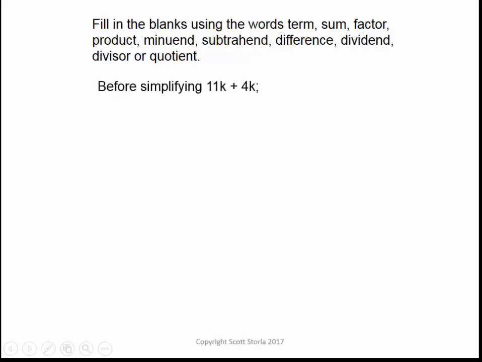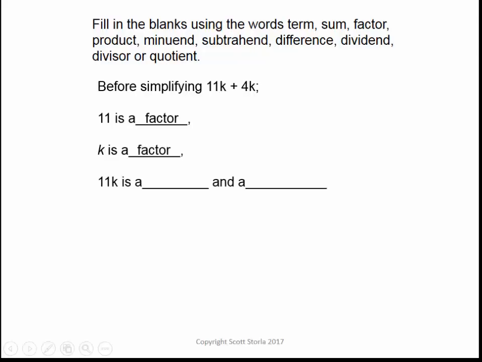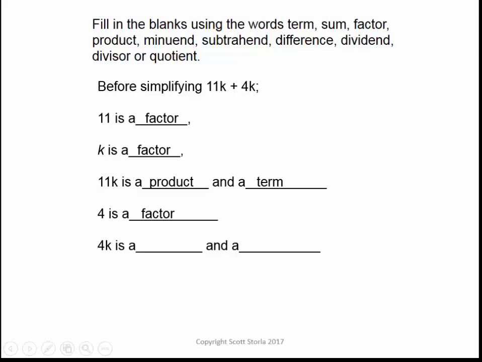Here's another one, 11k plus 4k. 11's a factor, it's multiplied to the k. K is a factor, it's multiplied to the 11. 11k is a product, it's 11 times k, but it's also a term because it's to the left of the addition symbol. 4 is also a factor, it's again being multiplied to k, and the 4k is both a product and also a term.